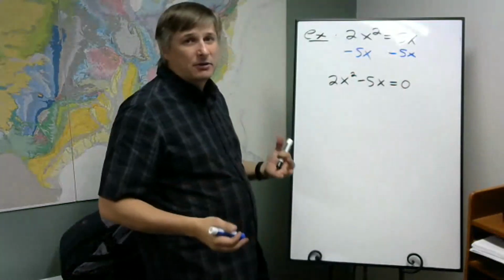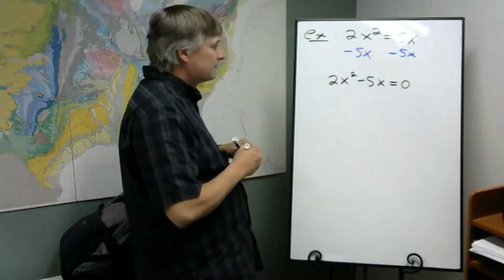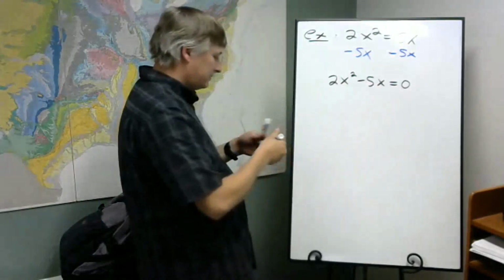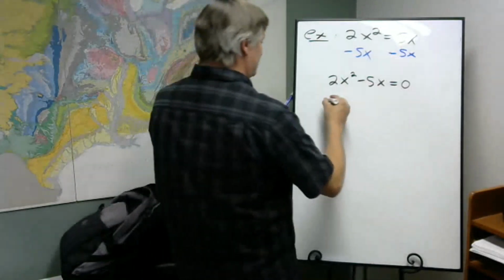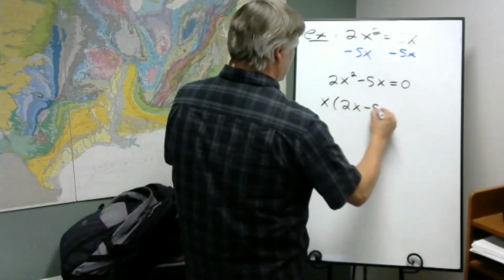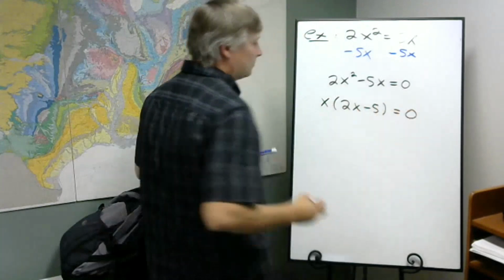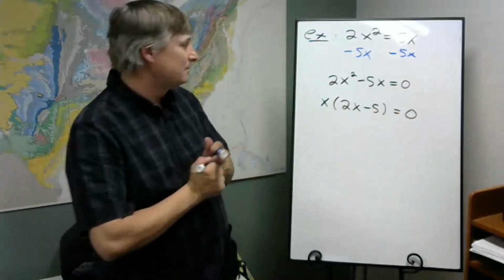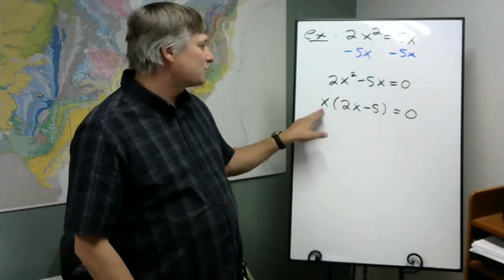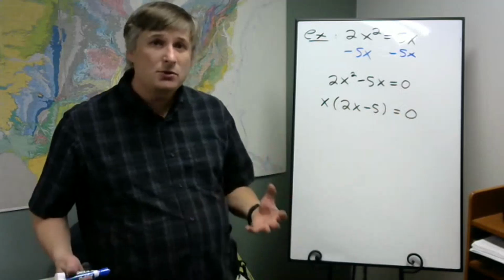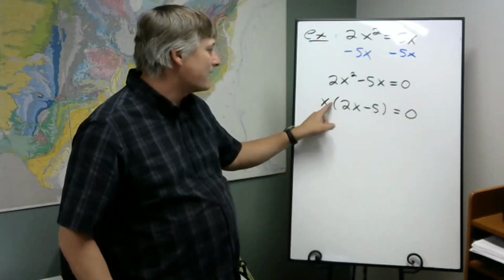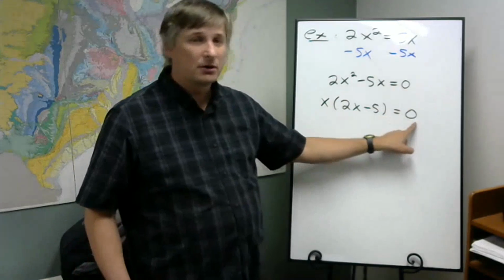And now we're going to factor out a greatest common factor. And we can get an x here, or we can get an x here. So if we factor out that x, we're going to get this. Well, here's that 2x minus 5, but this extra x is key. Again, we're going to use the zero product principle. This x times this equals 0.